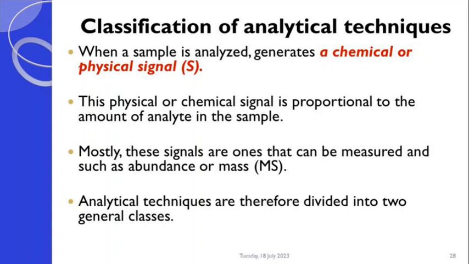For the purpose of mathematical equations, let us represent signal by S. Now, in any given sample, the physical or chemical signal that is given by the analyte is proportional to the amount of analyte in the sample.